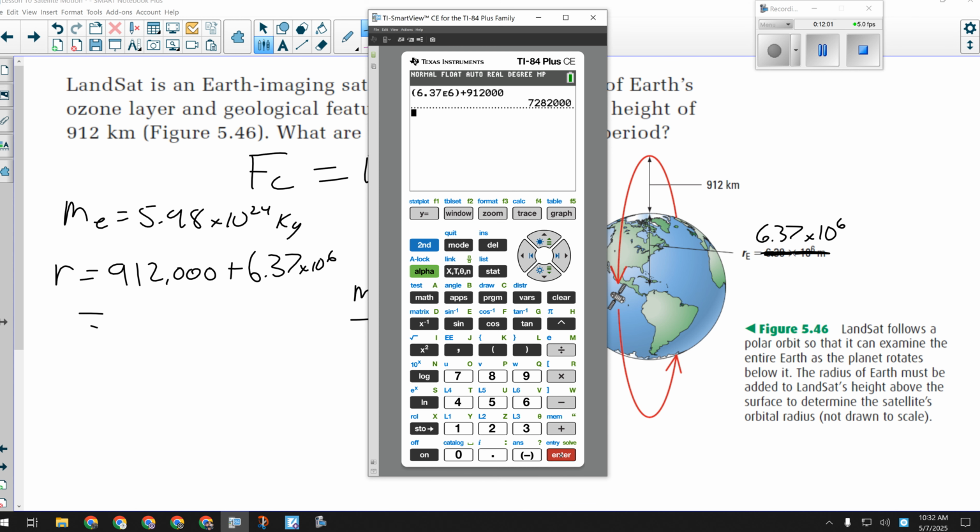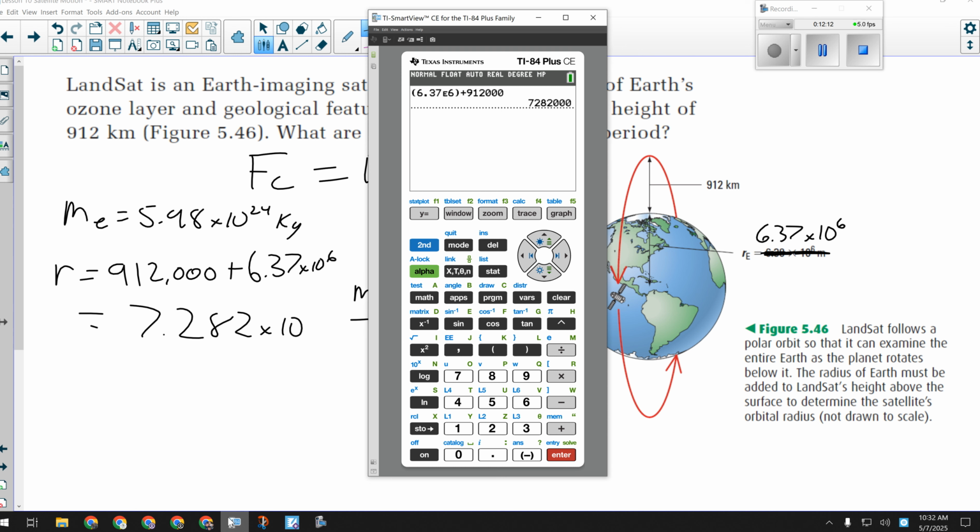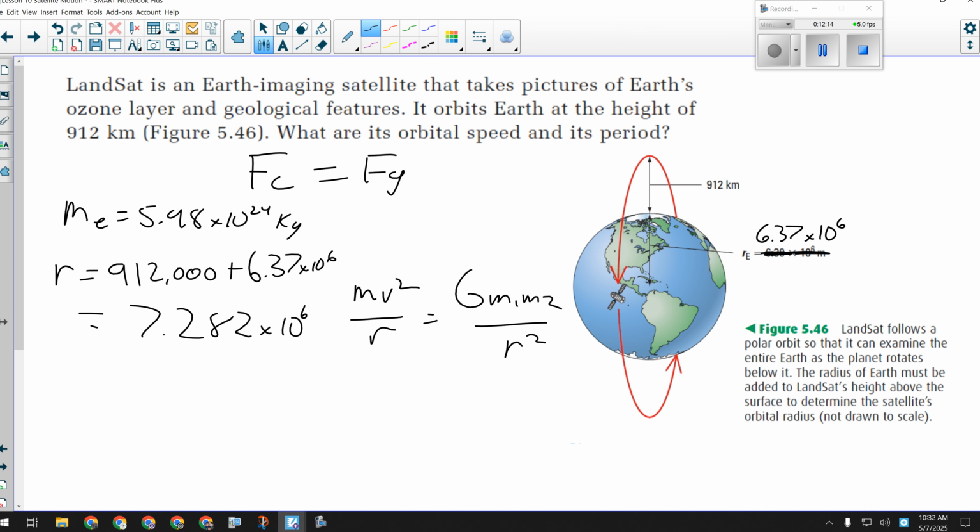All right, so I've got 7.282 times 10 to the 7, I think, right? No, 10 to the 6. 10 to the 6 meters. So that's the center to center orbital radius now.